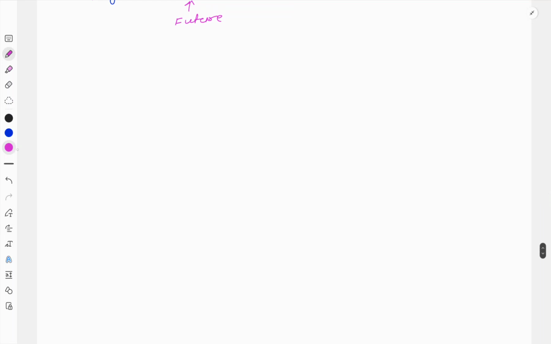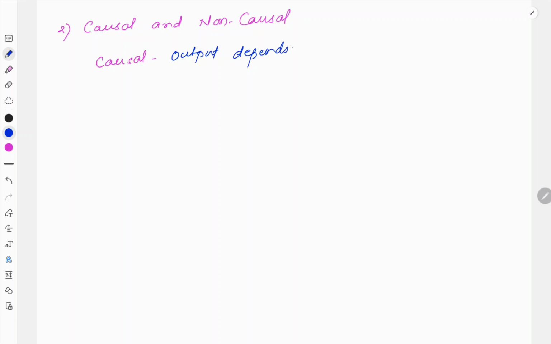Now the second classification is causal and non-causal. So let us start with the definition of causal system. A system is said to be causal if output depends on present and or past.